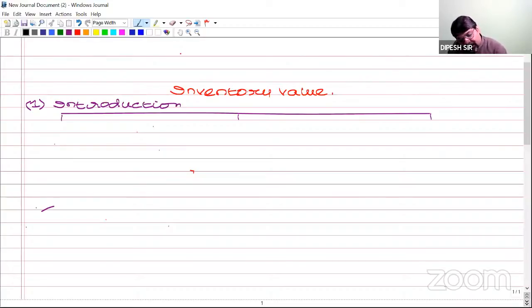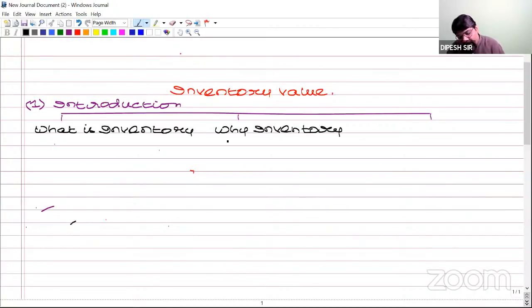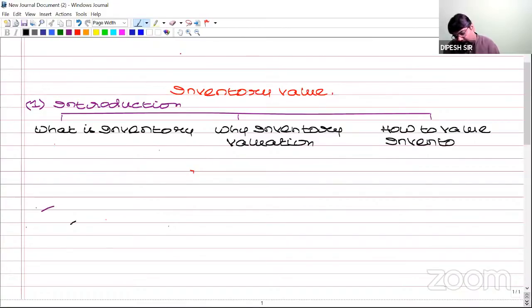First is what is inventory. Second, why inventory valuation. And third is how to value inventory.